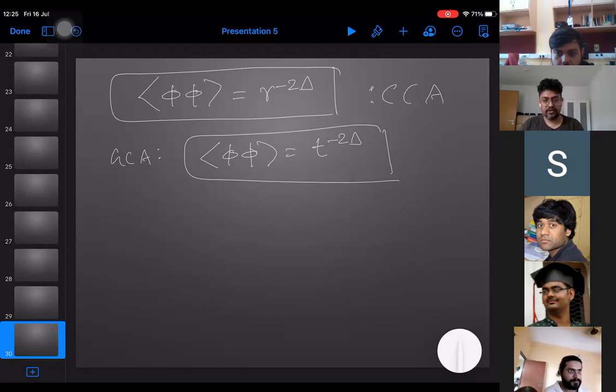Today we discussed everything about the CCA. Tomorrow there will be a short discussion about some of the observables we have for BMS3 and CCA, GCA2, and how to compare the quantities between them. I will try to explain that tomorrow. Any more questions? So yes, it's done.